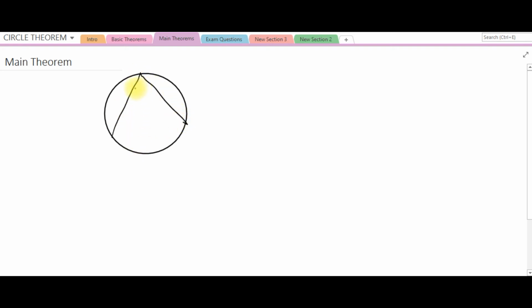So if you have a circle and a line from the circumference, that's a chord, two chords, chord 1 and chord 2 that intersect at the same point on the circumference of a circle. The angle formed there is called the inscribed angle. So this is the inscribed angle.